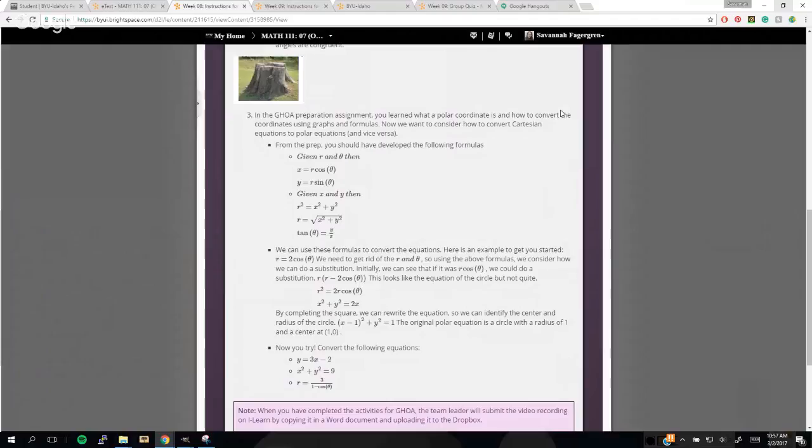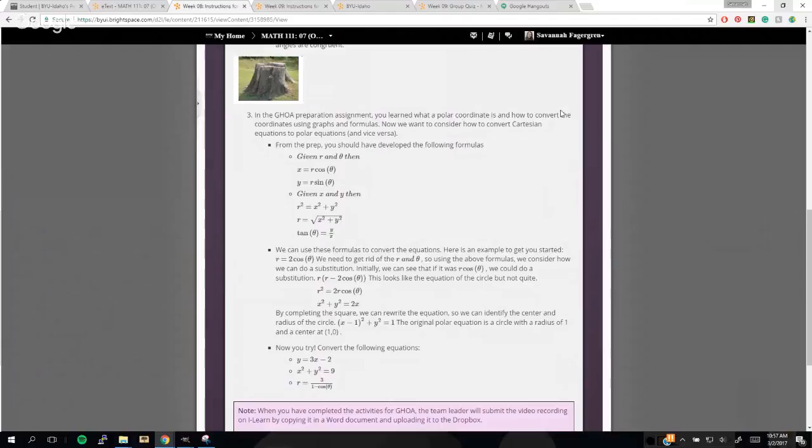And then they did the same thing you did, r squared, and they turned it into x squared plus y squared equals 2. But I don't know what it means by by completing the square, we can rewrite the equation. So are they referring to the quadratic theorem, the quadratic formula? Maybe.